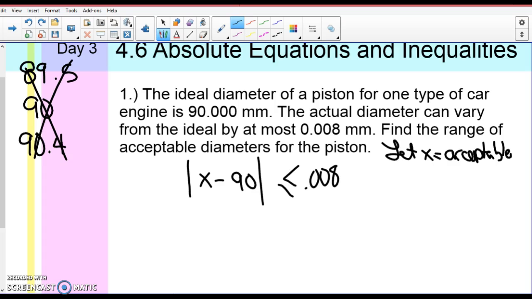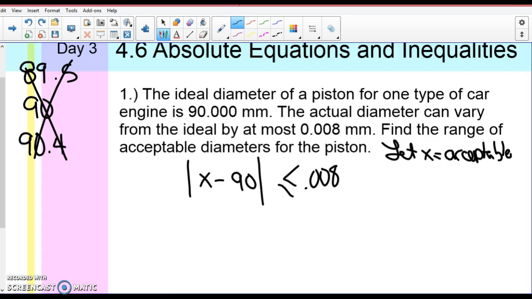The distance has to be positive. If my x is a little bit bigger than 90, this would be positive. If my x was a little bit smaller than 90, that value would be negative. Well, there's no such thing as a negative diameter, right? So, we're going to put absolute value around it.